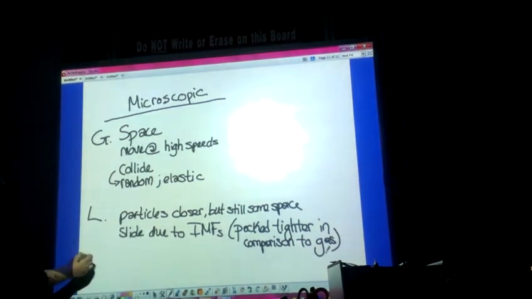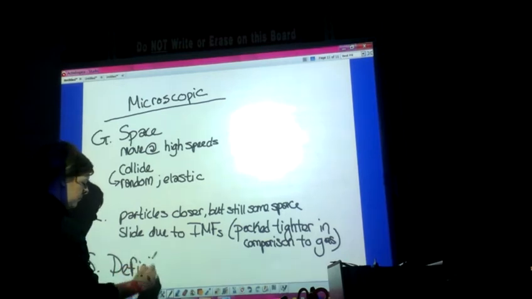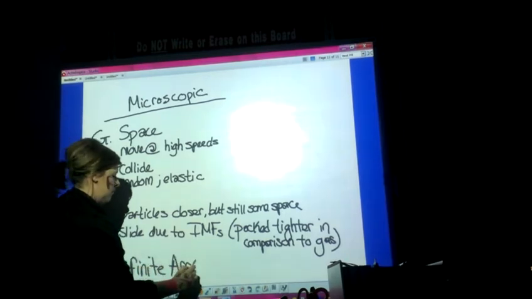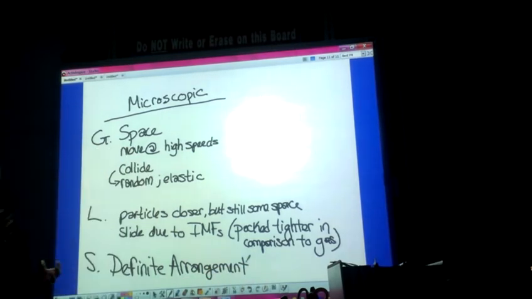Okay. Solids. Solid molecules have a definite arrangement. Most solids have a very orderly structure to them. It's not necessarily something that's so random. So they have the strongest intermolecular forces that are holding them together.